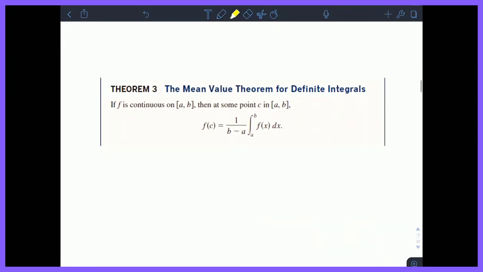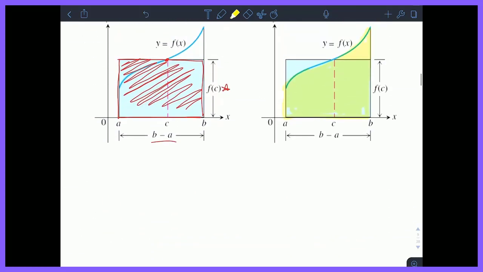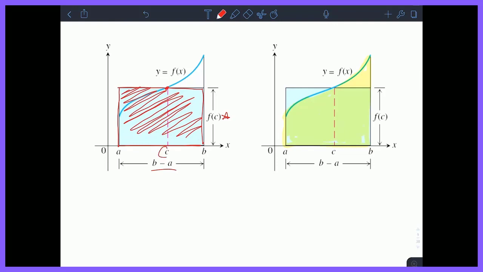The mean value theorem guarantees the existence of this value. The mean value theorem basically states that f of c has to exist as long as f is continuous on a to b. c is the x value that produces the mean value. So if I go back to my picture for a minute, c is just this number. It's not really that important.